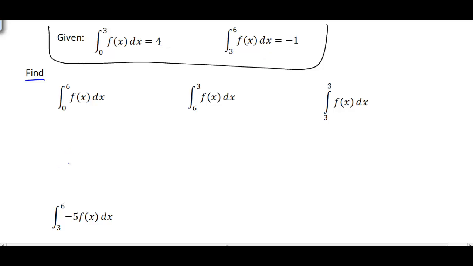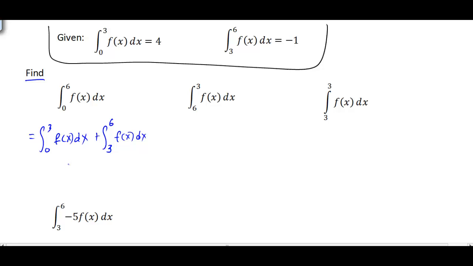So basically what that tells us, we could integrate then the integral of 0 to 3 f of x dx plus the integral of 3 to 6 f of x dx.